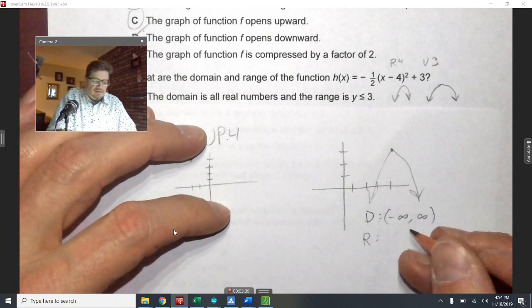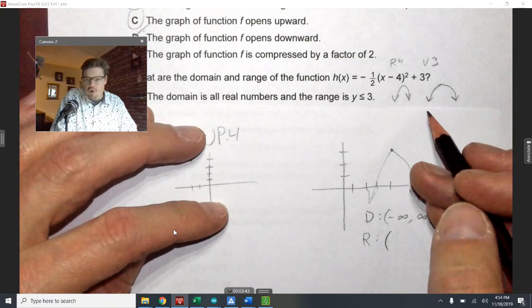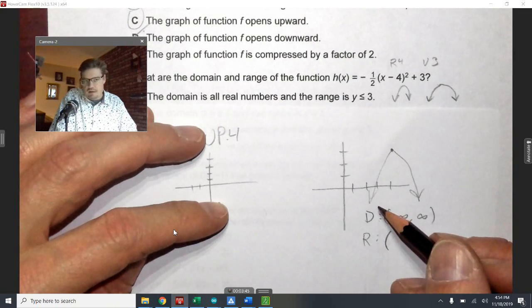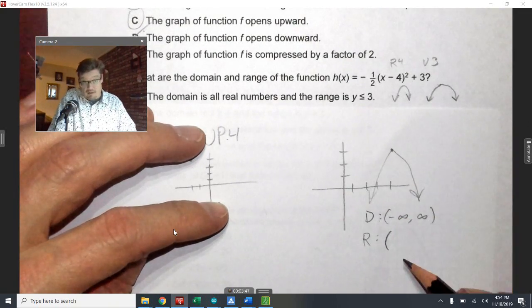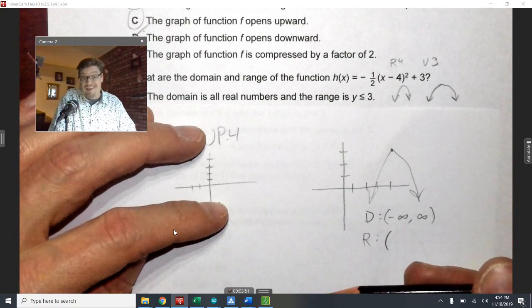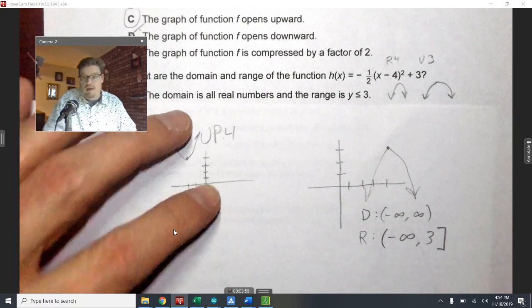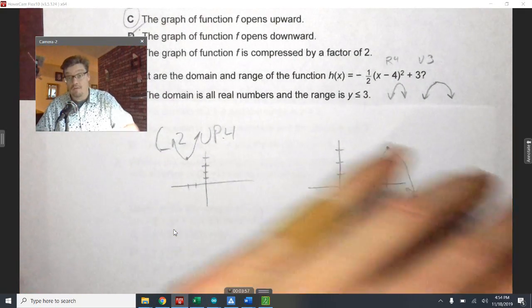So I go from low to high. Don't put from 3 to negative infinity, because that would be going from up to down. We want to go down to up. Since I start down low at negative infinity, I will go all the way up to positive 3. Always include your max or your min.